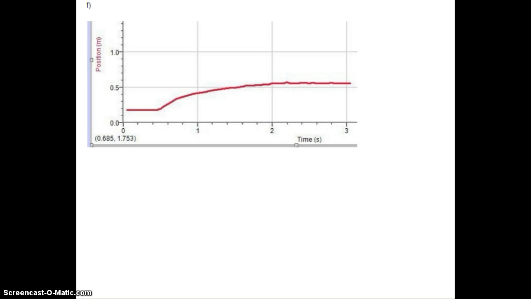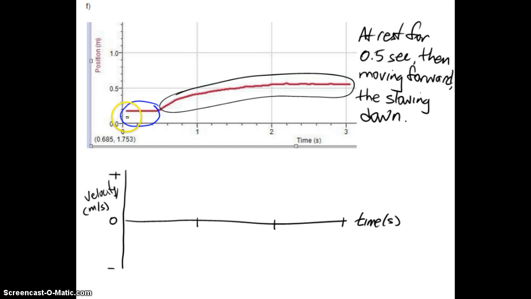Let's look briefly at this last one. We can see we can divide this up really into 2 sections. There's the flat section here, and then there's the curved section all the way out here. So a quick story would be we're at rest, then somehow we're going fast, and then we're slowing down, but always going forward. So as I've written here, we're at rest for about half a second, move forward quickly, slow down till we're almost stopped.